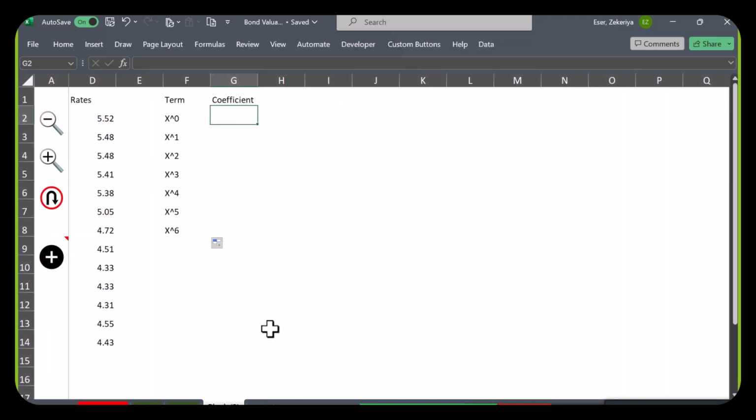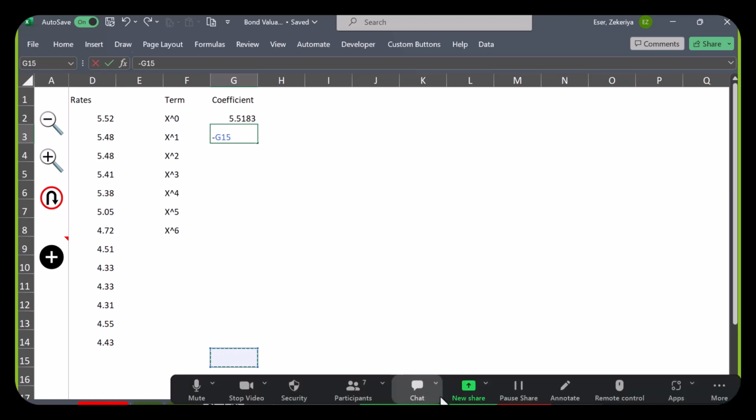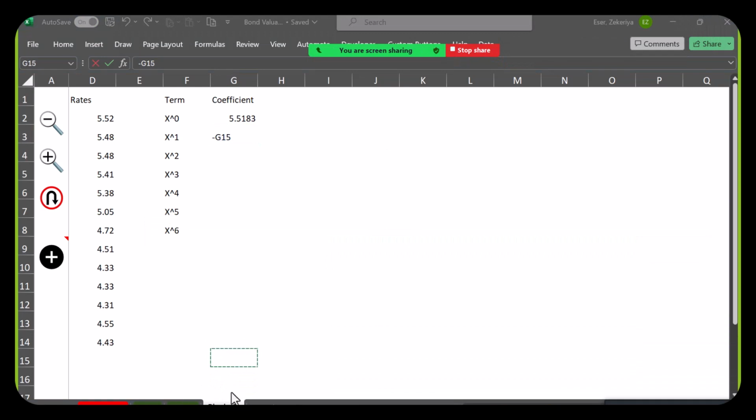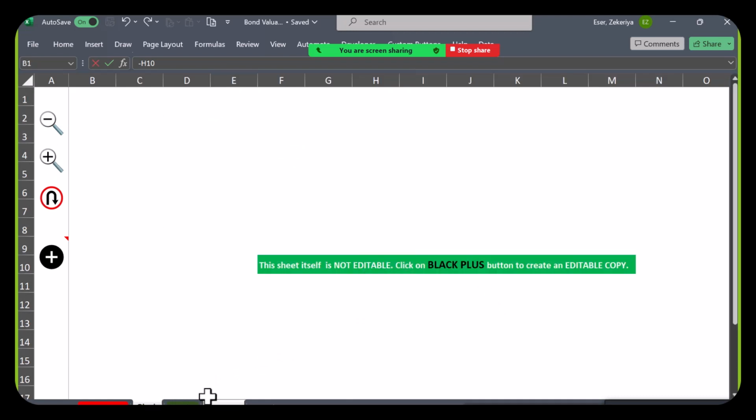551.83, negative. Come on. What's going on? Let's see, control, okay.